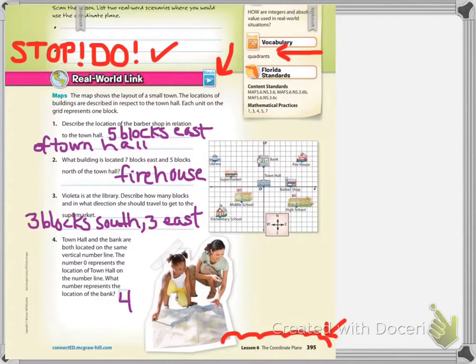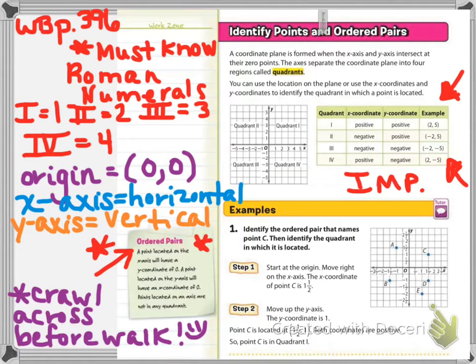Okay, now that you're back and you have checked your answers, make sure you have the correct answers copied down before you move on. If you still have questions about these, we will talk about them in class when I check your work. Otherwise, when you're ready, we're going to move on to the next slide, which has a lot of information already written down that you need to add to your workbook.